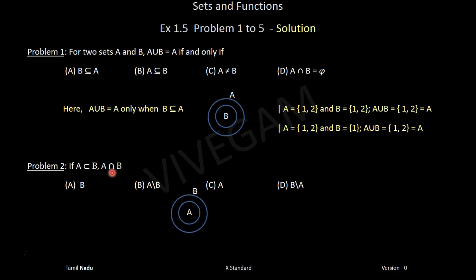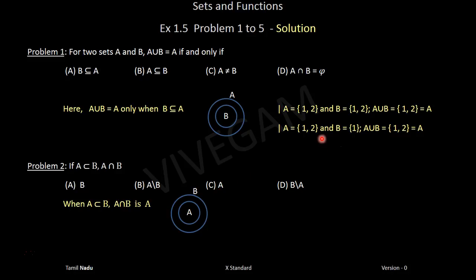So what is the intersection? It is the common part between A and B. What is common between A and B? It is basically A. A is common to both A and B. Therefore, in the case where A is a subset of B, A intersection B is nothing but A itself.